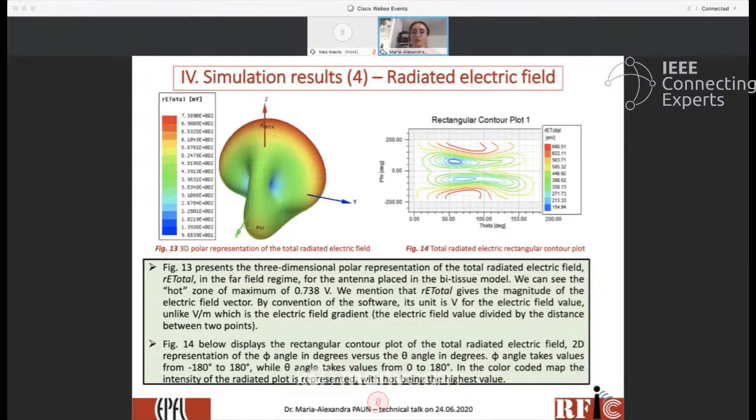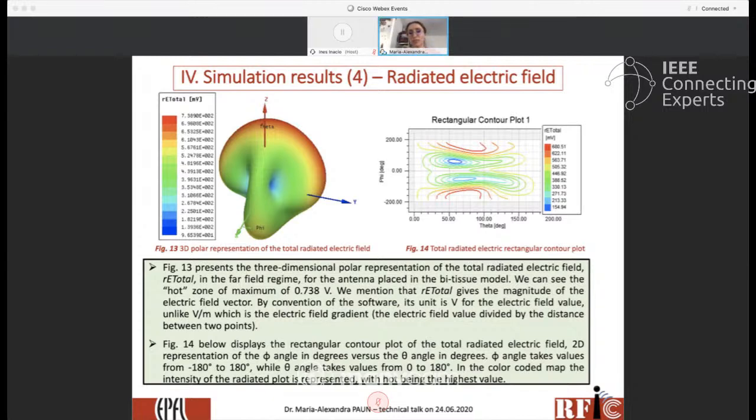On the right-hand side, you can see the total radiated electric field rectangular contour plot. Obviously, we were interested in looking at the radiated electric field because there is radiation of the wave, and you can see here all the numerical values.